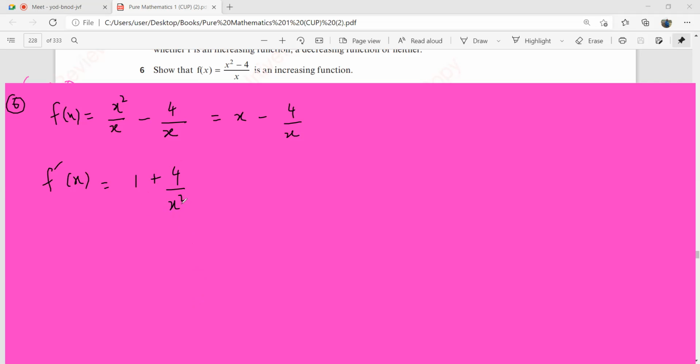No. Because x squared is always going to be positive, this implies that f dash of x is always going to be positive. That is going to be more than 1. That is why this f of x is an increasing function.